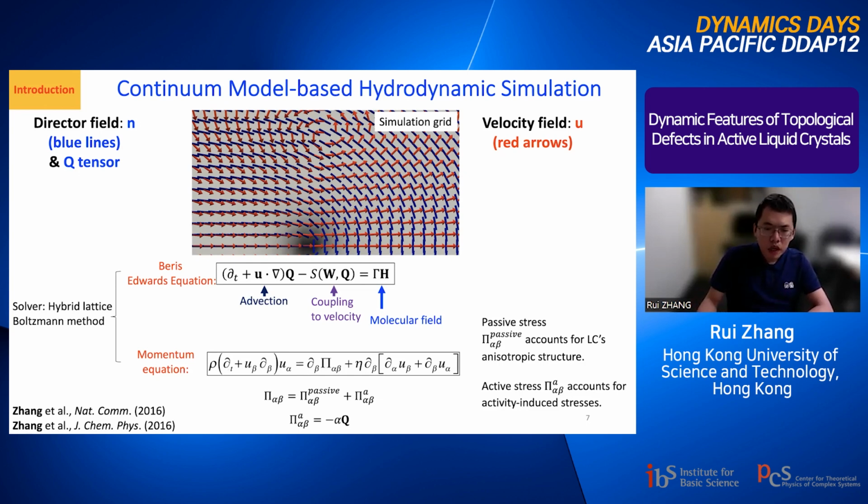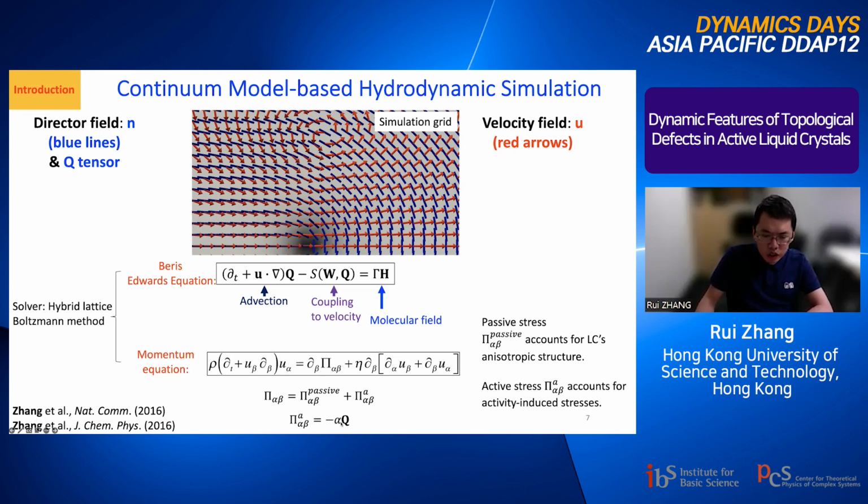flow field. The important feature of these two coupled equations is that in the stress term, in addition to the passive stress, which accounts for the anisotropy of the material, because the liquid crystal is an anisotropic liquid, we have an active stress term. This active stress term turns out to be proportional to the nematic order parameter Q tensor.